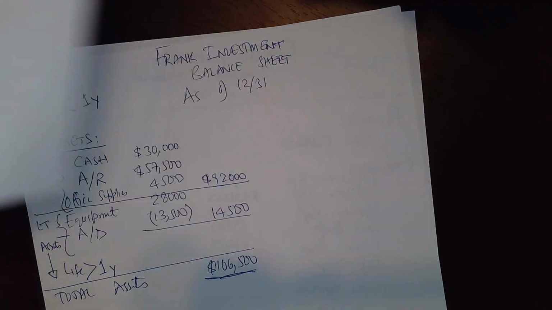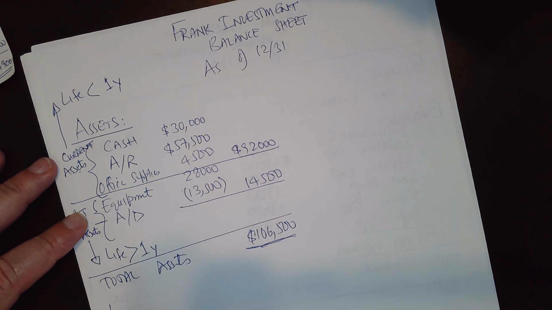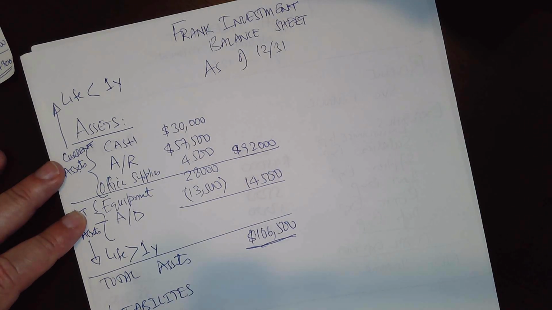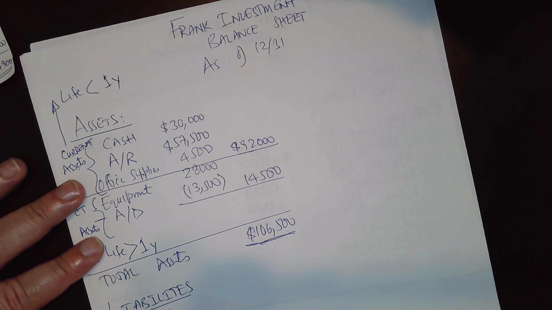Okay, the next thing we have to calculate is the liabilities. Liabilities are also classified as current and long-term liabilities. Current liabilities have a life of less than 1 year, meaning they are due within the next year, and long-term liabilities are due over more than 1 year. So the first is accounts payable that we have calculated as 13,000.